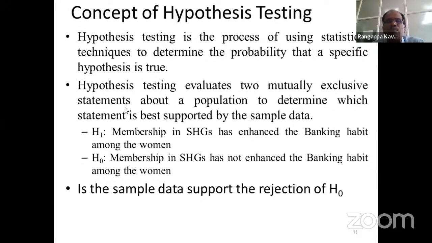Membership in SHG, self-help groups, has enhanced the banking habit among women. Banking habit among women means, say, visiting banks, having a savings account in the banks, depositing some amount in the banks, drawing some loan from the bank. They're all banking habit.